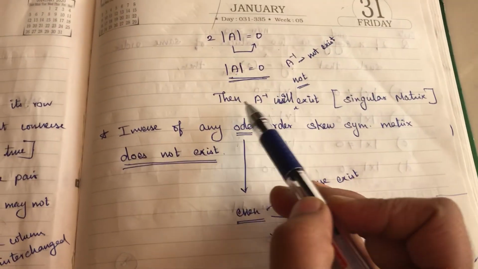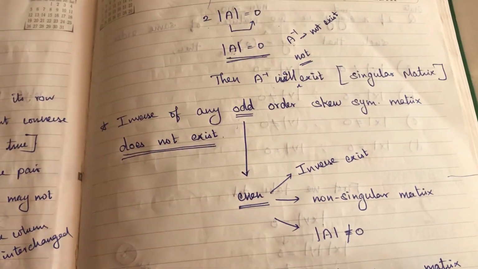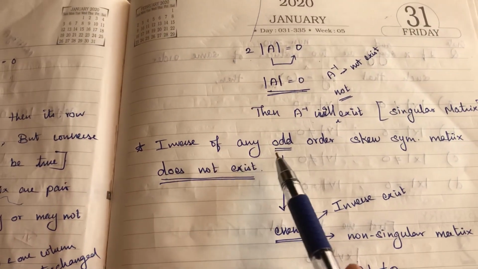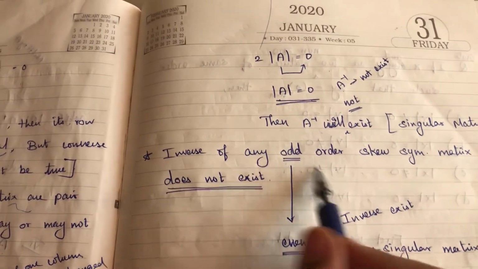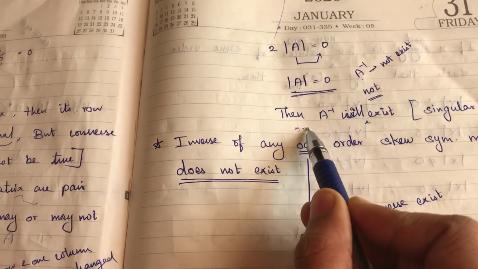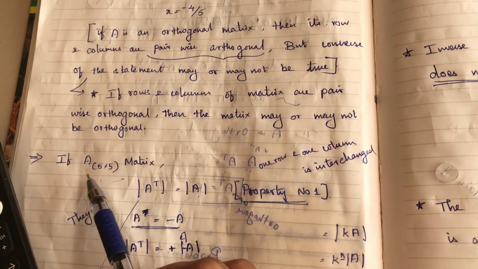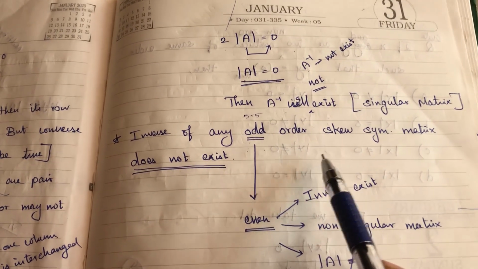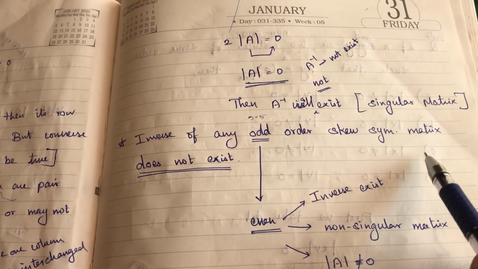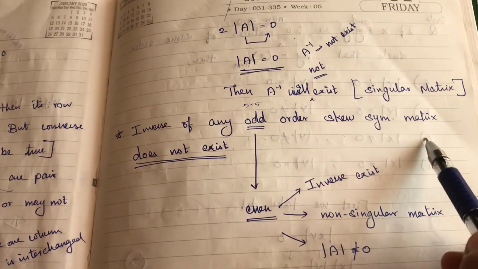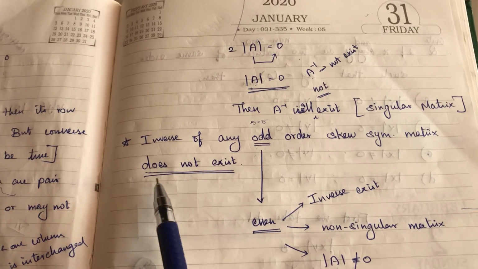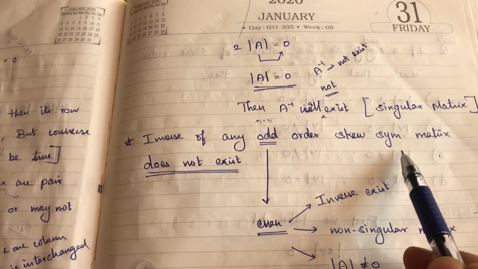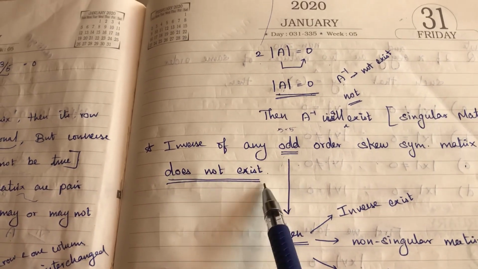So they have given some conditions from this sum, like the inverse of any odd order. We have taken 5 into 5 in the previous sum, right? A 5 into 5 matrix. So the inverse of any odd order skew symmetric matrix does not exist.